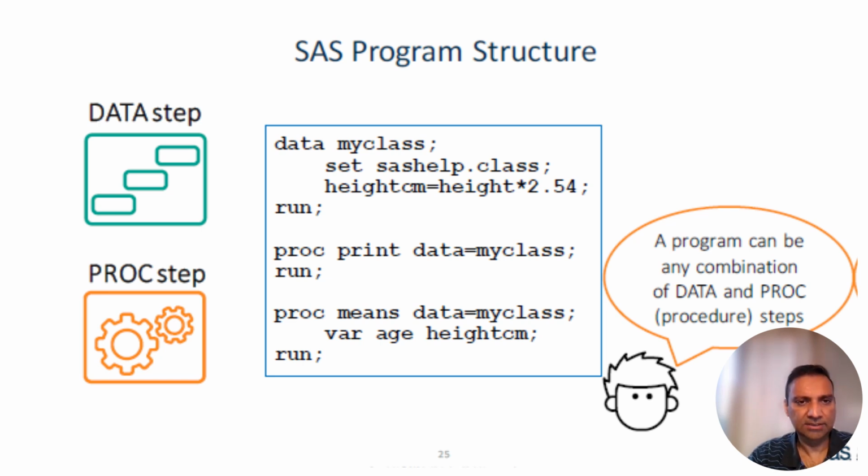So the SAS steps will mostly start with either of these two words, data or proc, and they end in the word run. And within each step, there is a sequence of statements which tells SAS what to do. But each statement ends with a semicolon. Pretty simple, right? Let's write a few SAS codes.